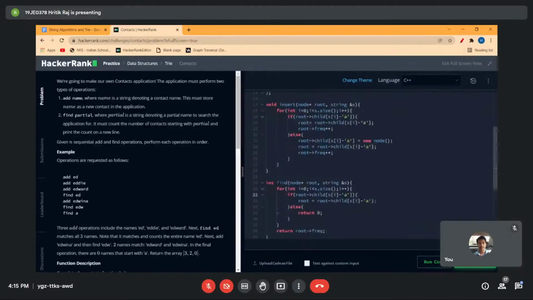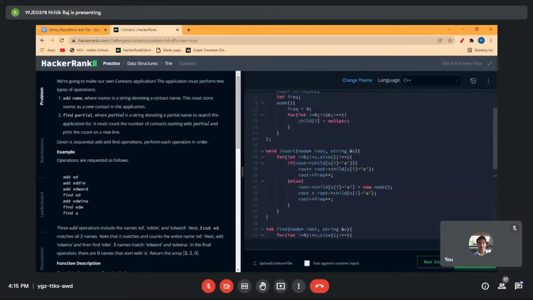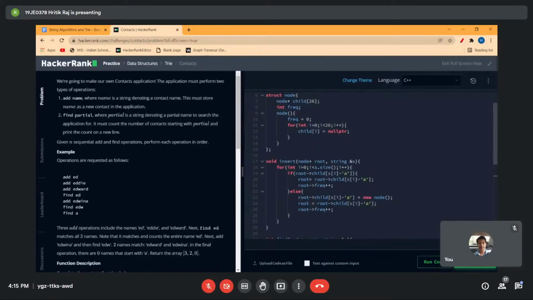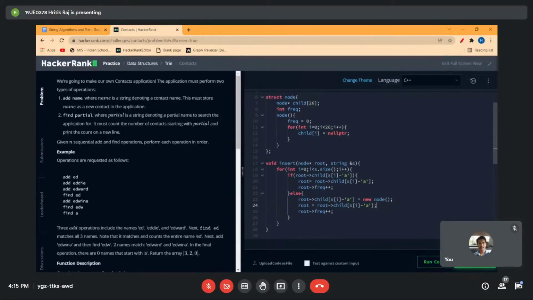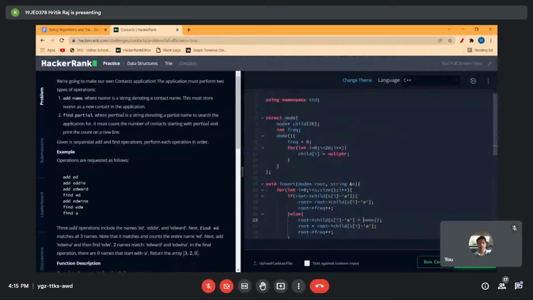Excuse me, sir, what if we do not use new? Will it work? If you do not use new, then how would you do it? We would initialize root arrow child of s of i minus a equals node with brackets.